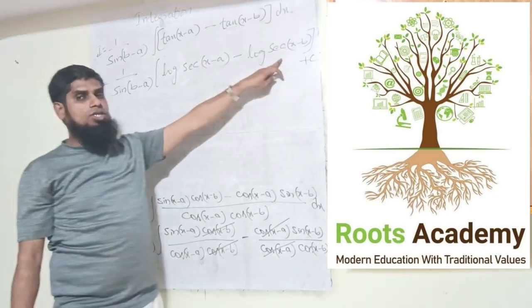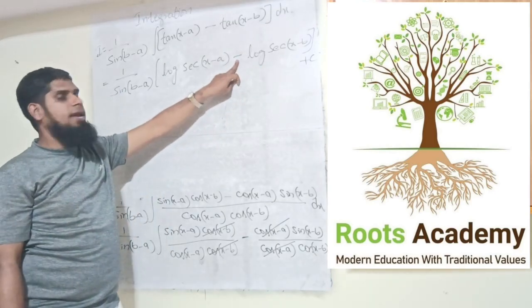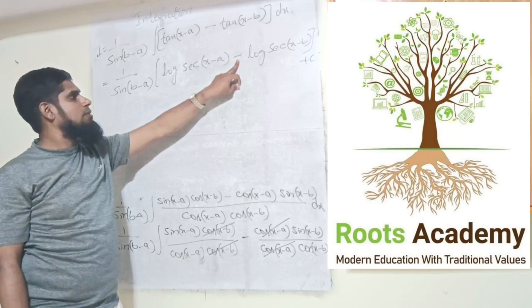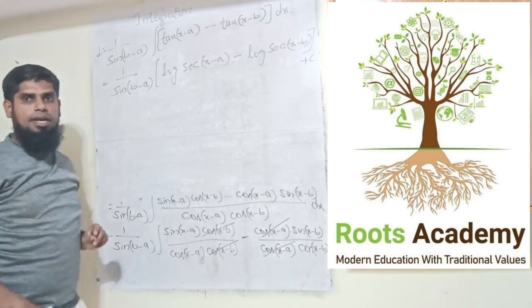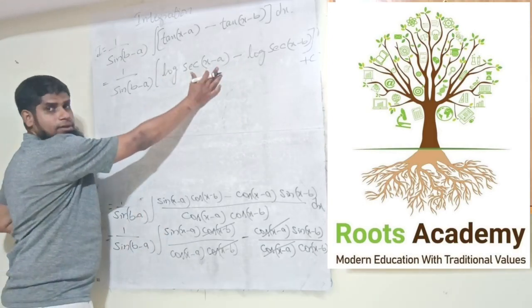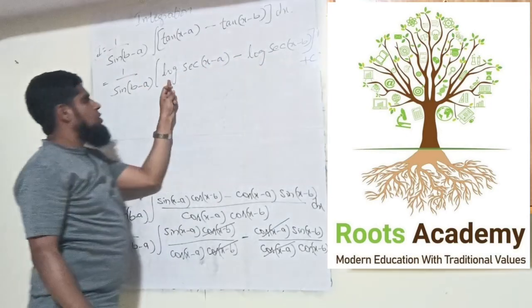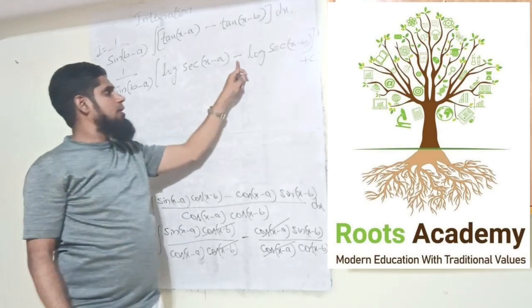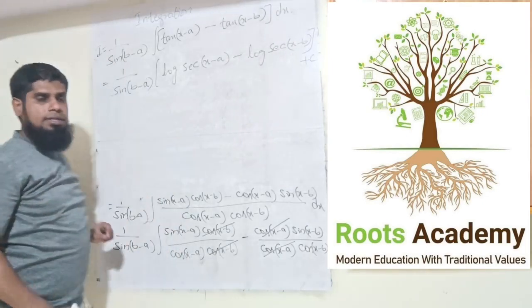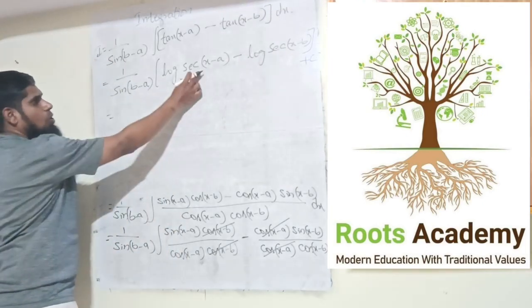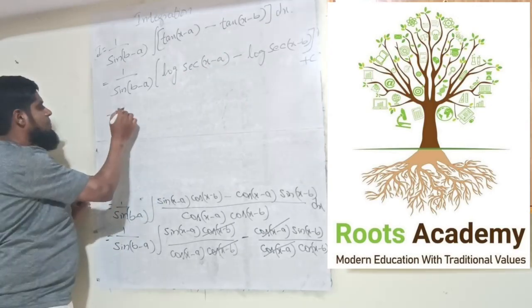Now inside this bracket there are two log terms with a negative sign between them. So this I can read as log m minus log n, which can be written as log m by n.